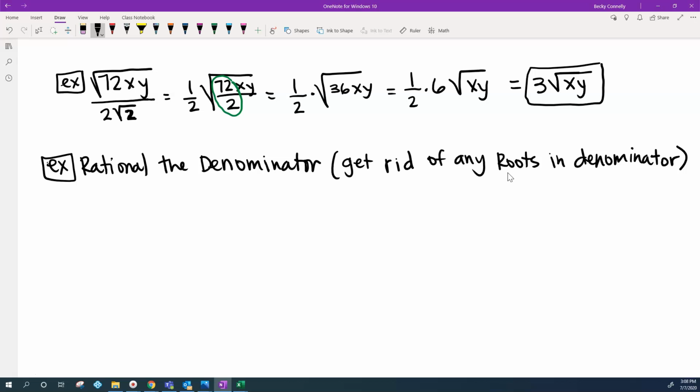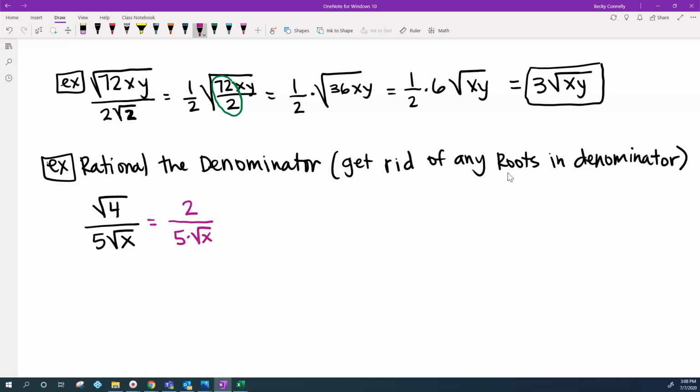So let's start off with one like this. If I just have the square root of 4 over 5 times the square root of x, this is just the question to start off with. I could simplify on the top: the square root of 4 is 2.